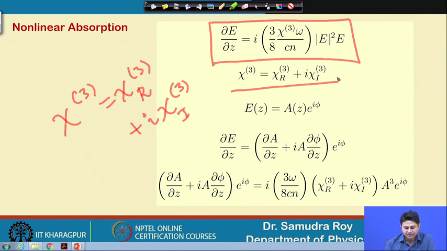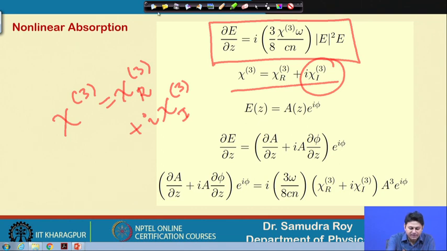For first order susceptibility also we have done the treatment, where we write the real and imaginary part, and find that once we introduce the imaginary part, it basically gives rise to some kind of loss in the system. Here we will find a similar kind of effect.